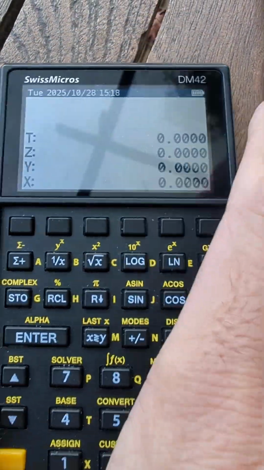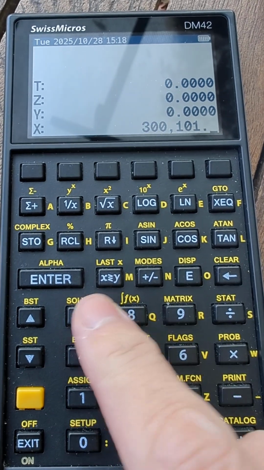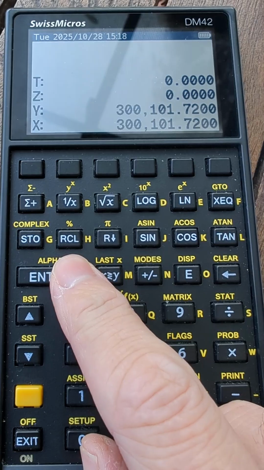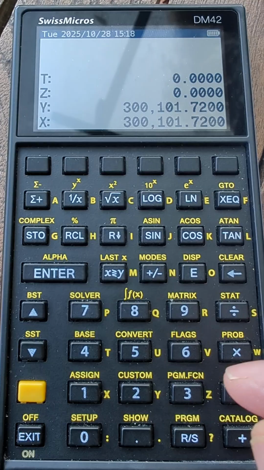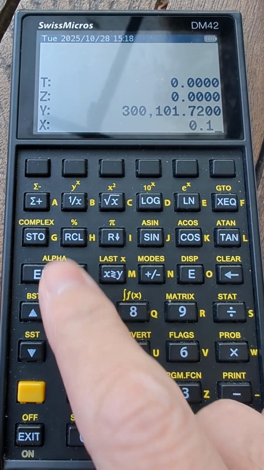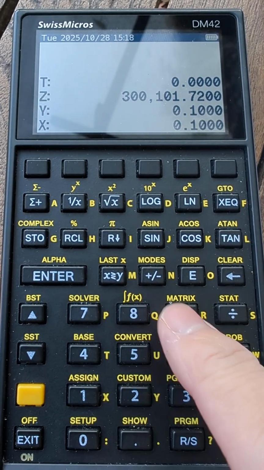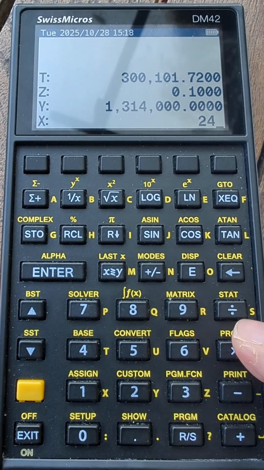Right, so in RPN, this is a bit tricky on just a 4-level stack, but it is doable. It's much easier on an infinite stack. So we've got the present value, so we need the interest rate, so it's going to be 0.1 divided by 60 times 60 times 365 times 24.